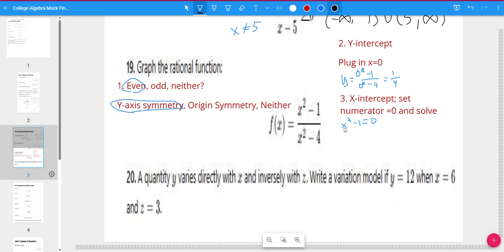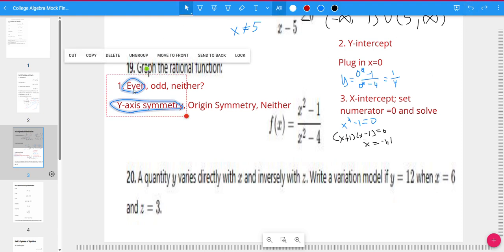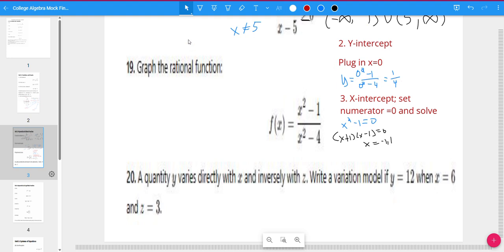I like to factor, so x squared minus 1 factors to x plus 1, x minus 1. So I have x-intercepts at x equals -1, comma 1. Because I get -1 from here, 1 from here. Okay? And I'm going to erase these guys here, just so I have room.